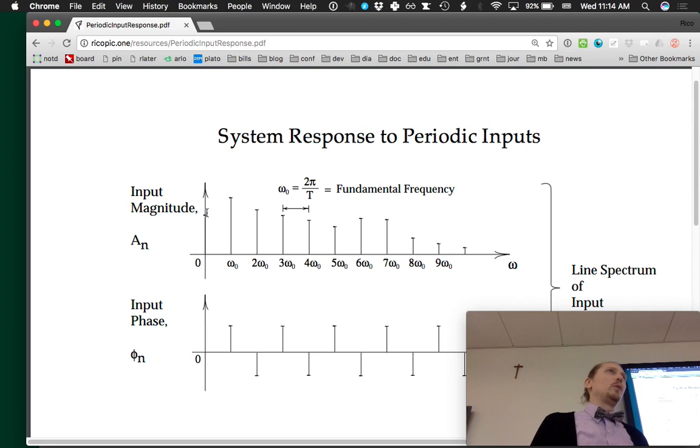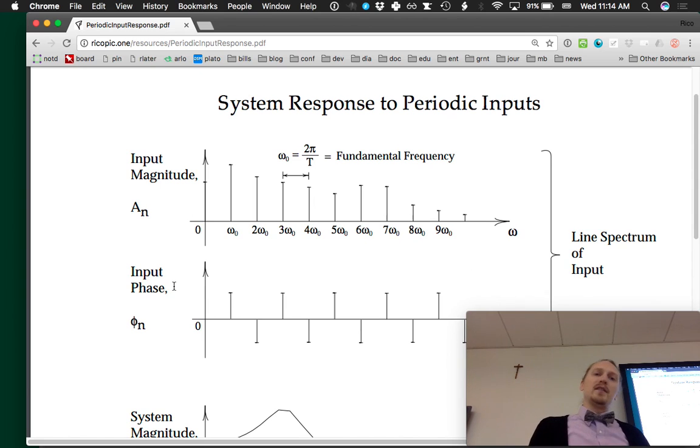So we wouldn't probably call this a Bode plot, but it's representing the same thing that a Bode plot represents. So we have a magnitude and a phase of our input. We haven't actually thought about it in these terms before, but our input has a magnitude and a phase at different frequencies, right?